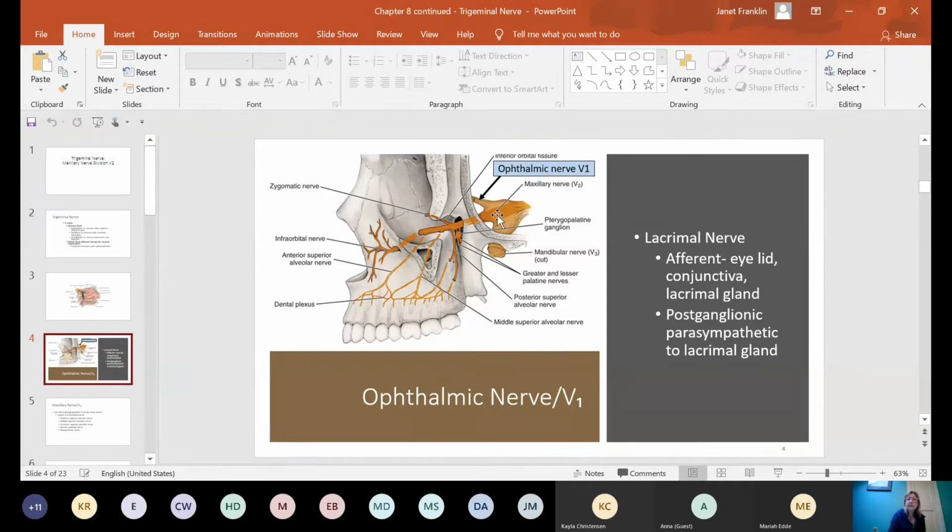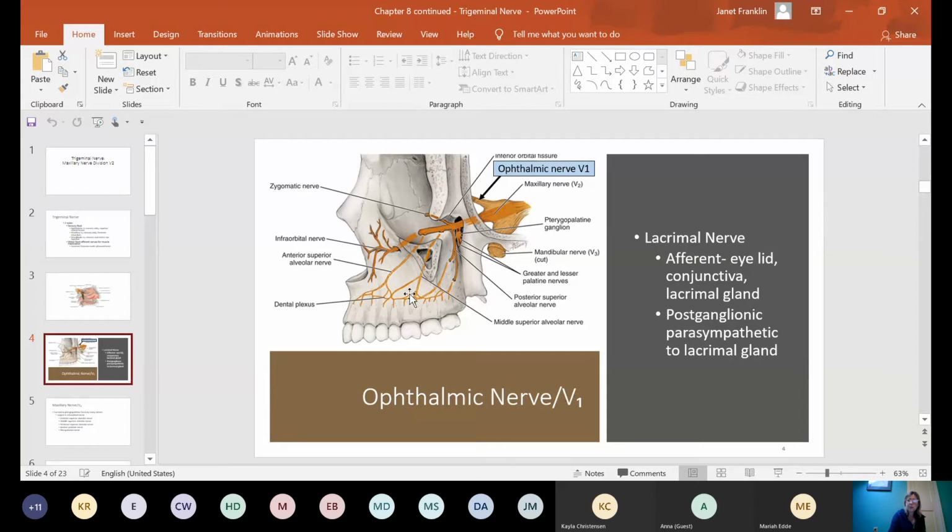And then it also has the ASA division that goes to the anterior teeth, the MSA that goes to the premolars, and then the PSA that goes to the posterior.